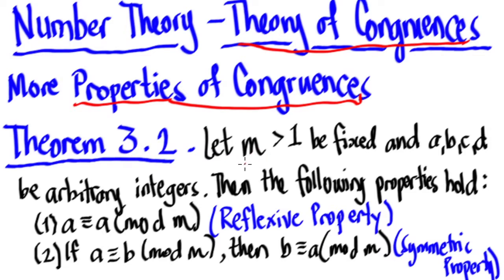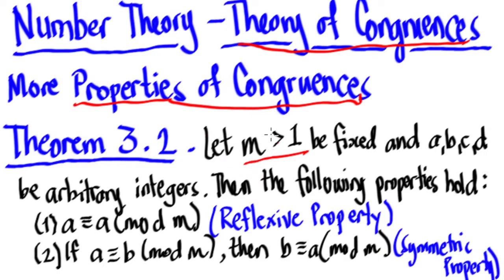Let m be greater than 1. Actually, this m is the modulo, our congruence modulo. Again, throughout our videos, I think I forgot to tell this before, all the letters are assumed to be integers, and all moduli, which is the plural for modulus, are assumed to be positive integers.